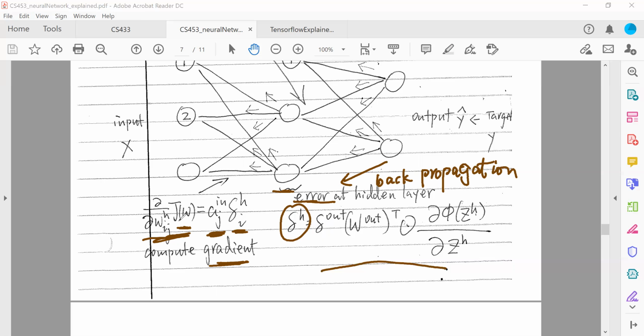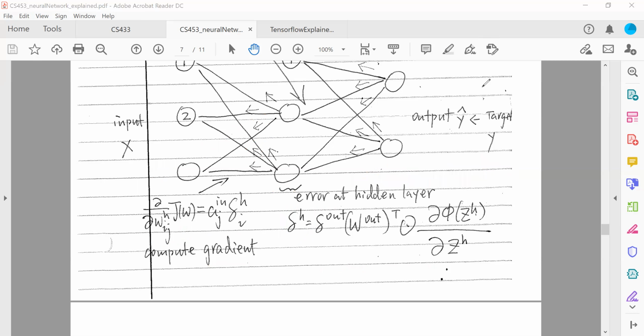Once you find this, you can update the weight: it equals the previous epoch's weight minus the learning rate times the gradient. So we get the current epoch's weight.